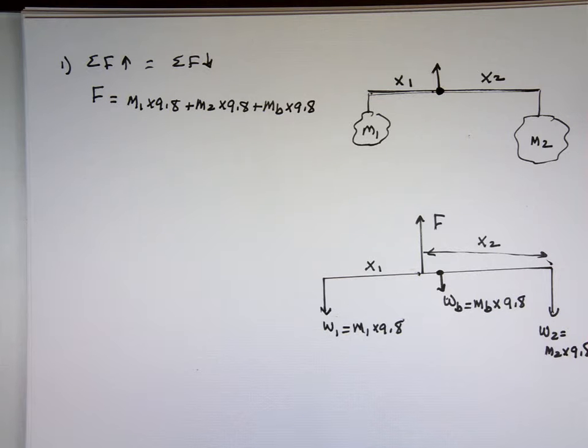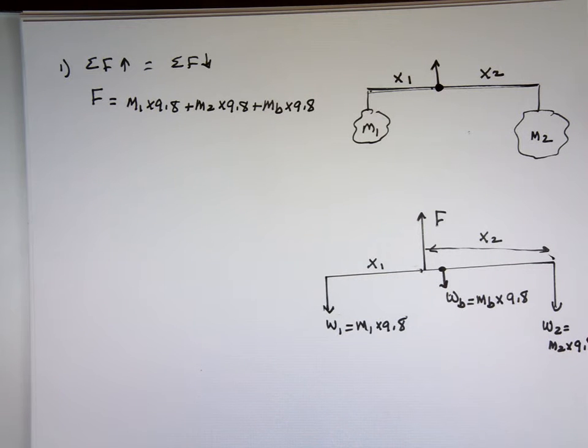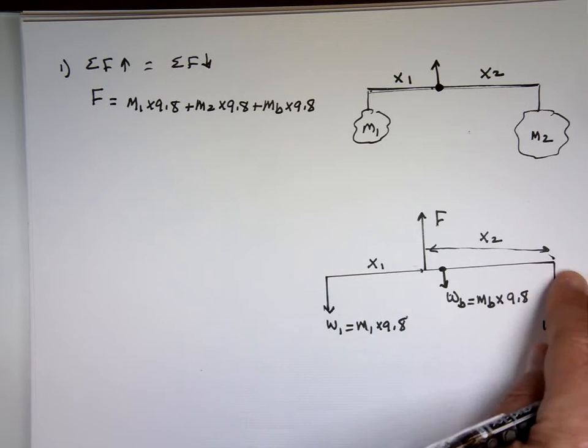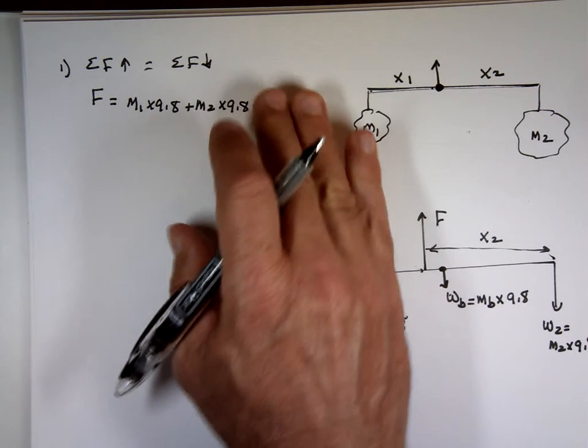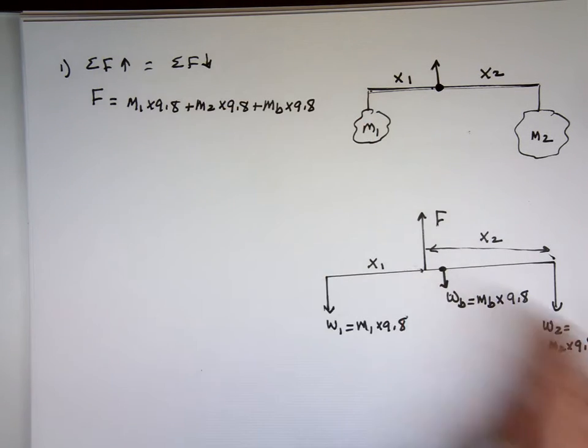We can figure what F is, what that force is, if we know where you hung there and how much the beam weighs. If you want to make life easy, assume the beam has no mass. If the beam has no mass, this piece will disappear. So that force will equal this weight and that weight. I'm just leaving it in general there.